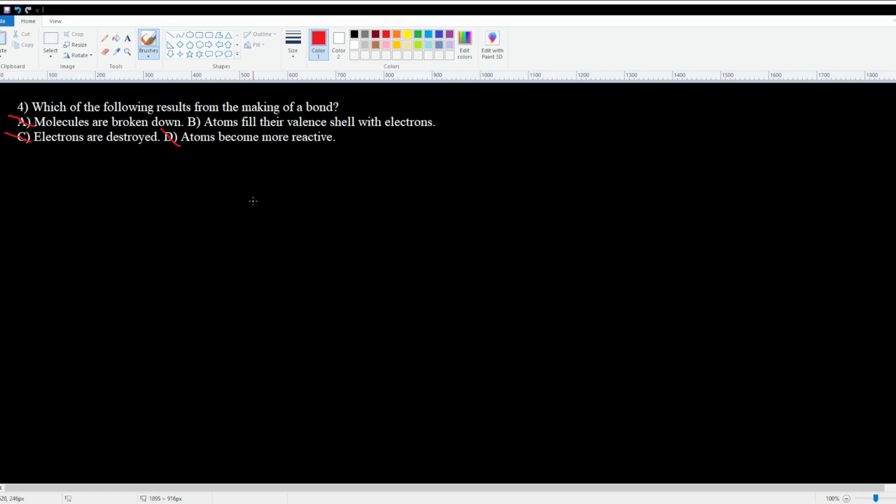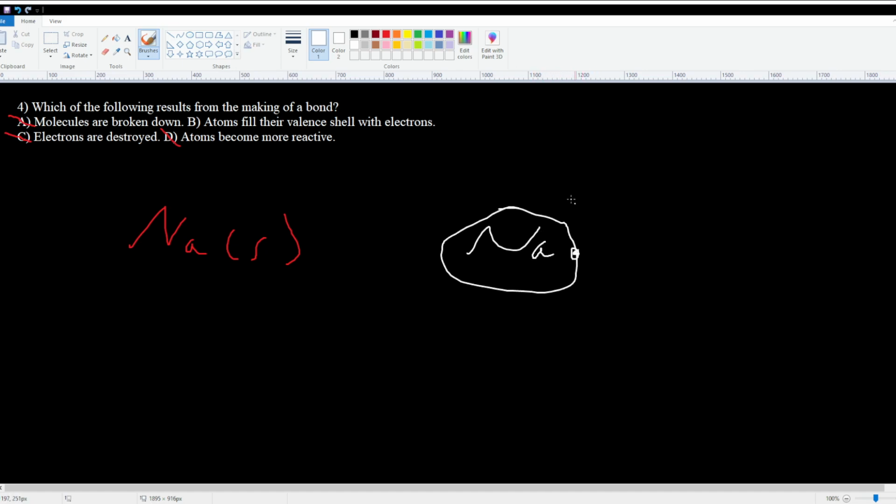Let's say just sodium metal. Sodium metal really is highly reactive because sodium has just one valence electron in its valence shell. So it wants to get rid of it as soon as it possibly can.